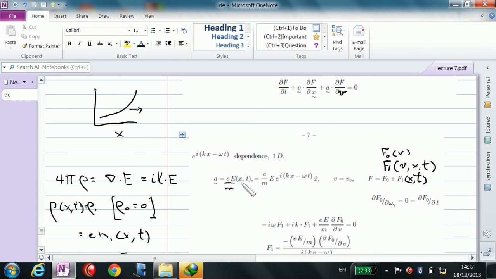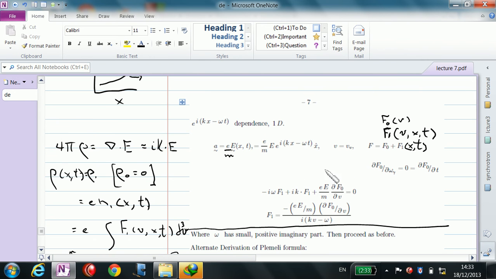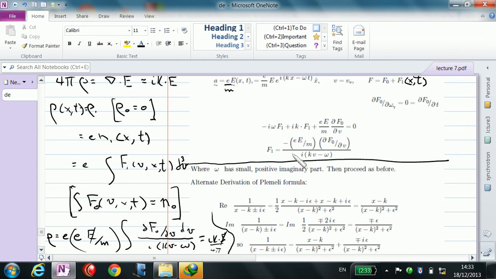And if there's a magnetic field, I have to put E over m times E plus v over c cross B. Okay. And that'll be the Vlasov equation. For now, I'm neglecting the magnetic field. And again, F is equal to F0 plus F1, and you solve for F1.